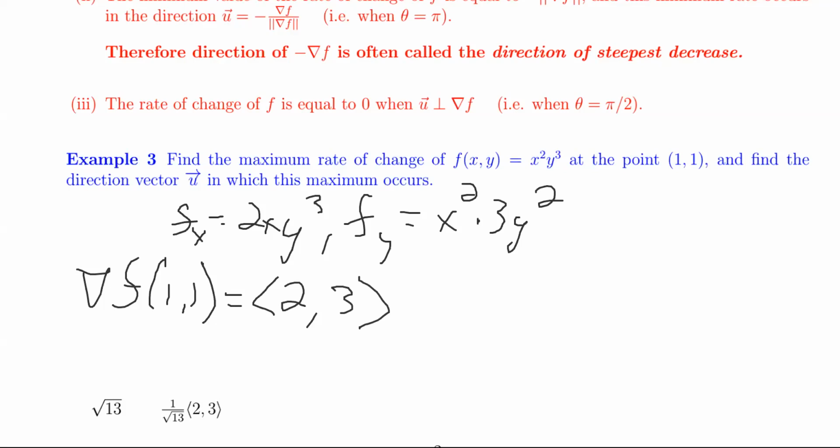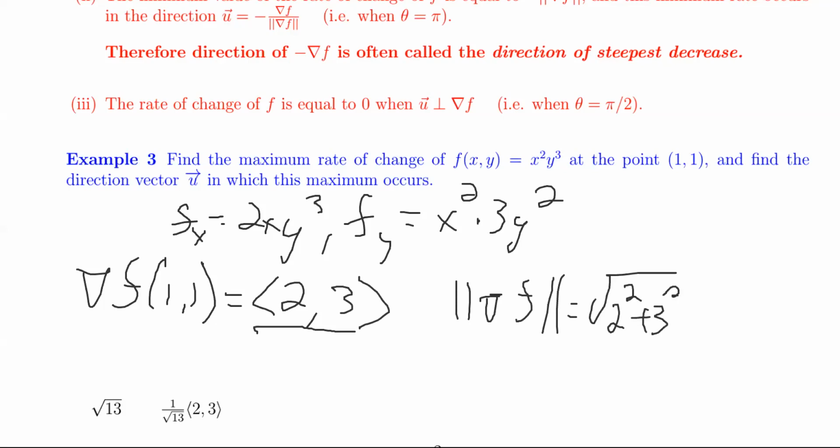This is the direction in which the maximum rate of change occurs, and the magnitude is the magnitude of the gradient of f, and this is the square root of 2 squared plus 3 squared, which is equal to root 13. All right, and so we get to what the maximum rate of change is.